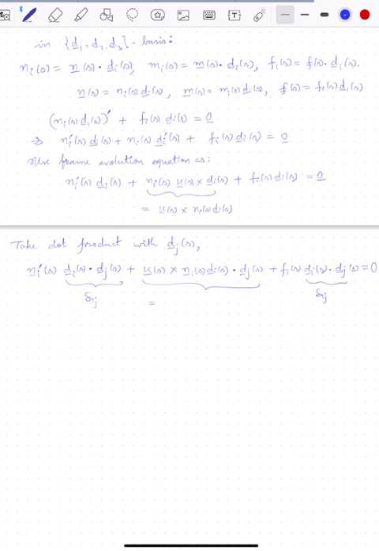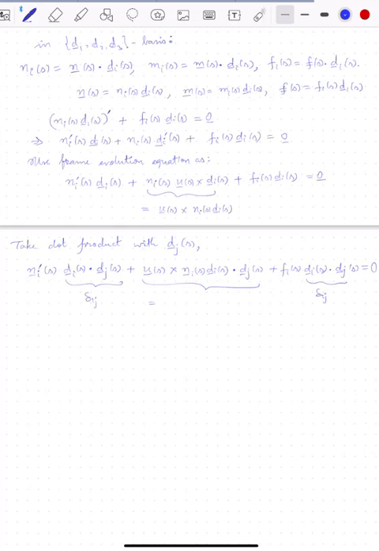So this is u of s cross n_i dl dot d_j, right? So this will give us the jth component of the u cross n vector.